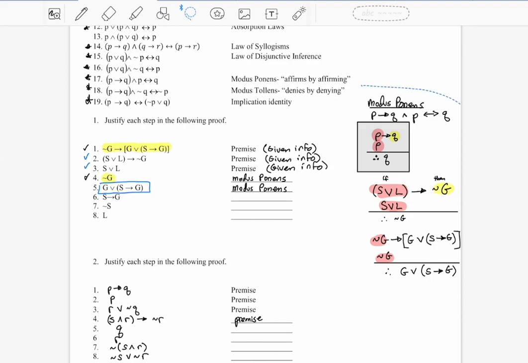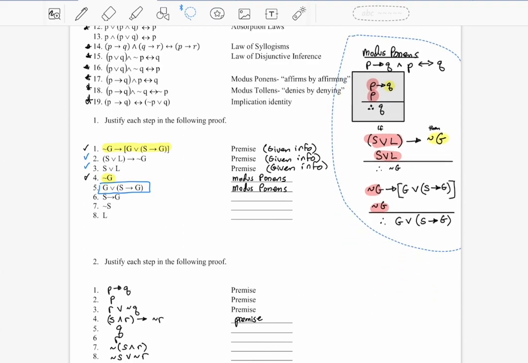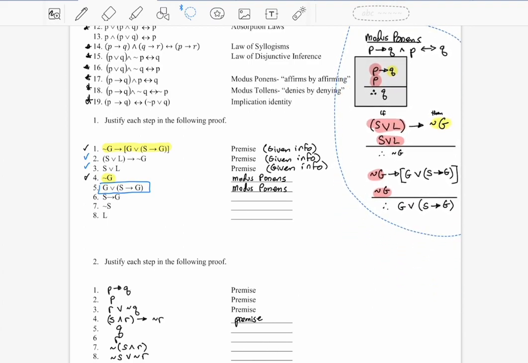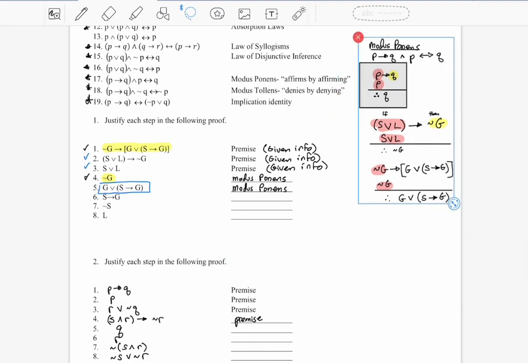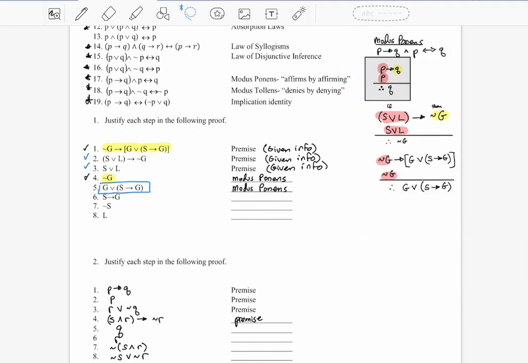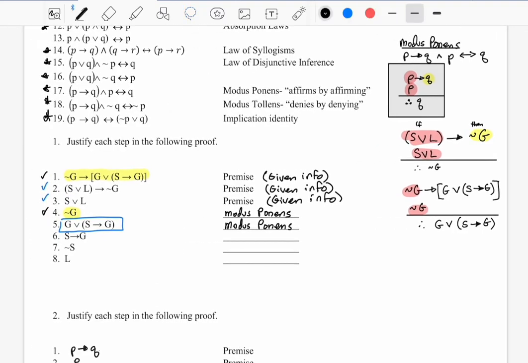I'm just going to move this a little bit. The law of disjunctive inference is what we're going to look at now. It's a law that allows you to break up a disjunction, so you could break up an or sentence. Let me pull the law.